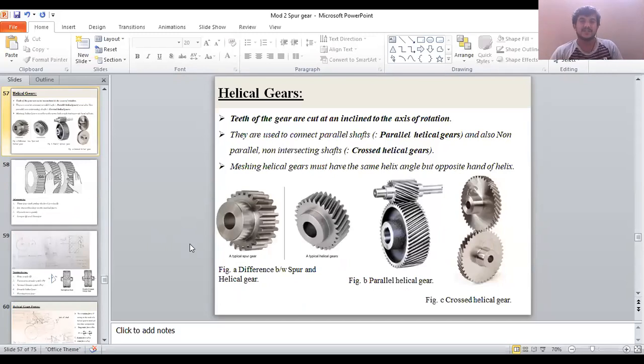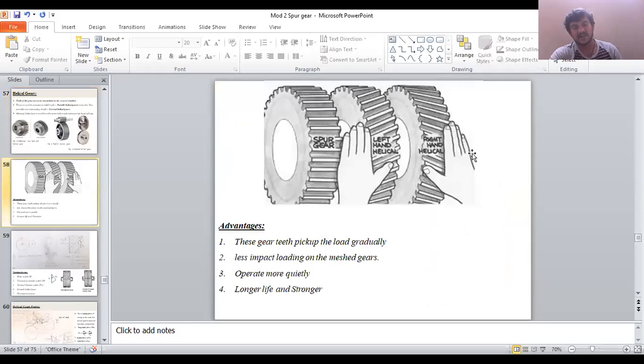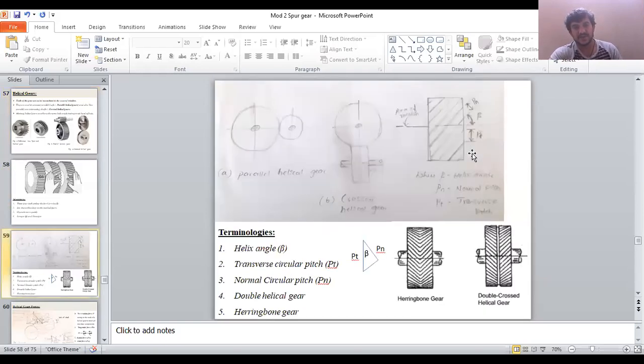Today we discussed first helical gears: what helical gears are, the difference between spur and helical gears, types of helical gears, the advantages of helical gears compared to spur gears, and the terminologies used. A very important terminology is the helix angle, that is beta, right?